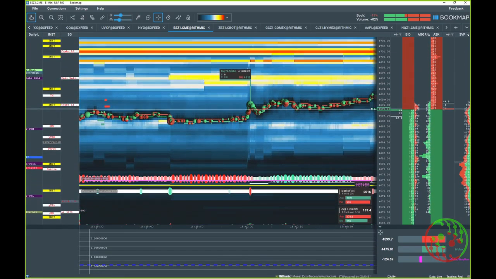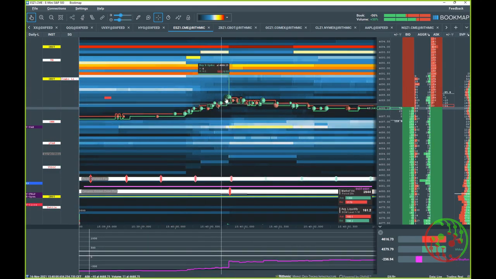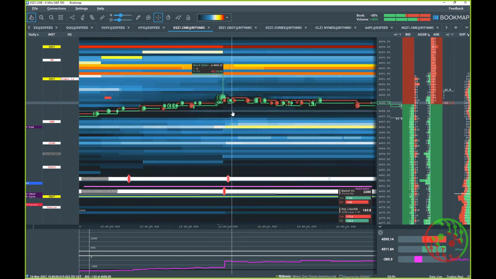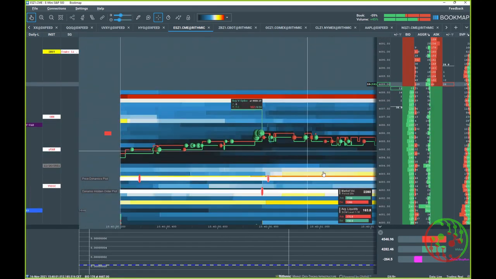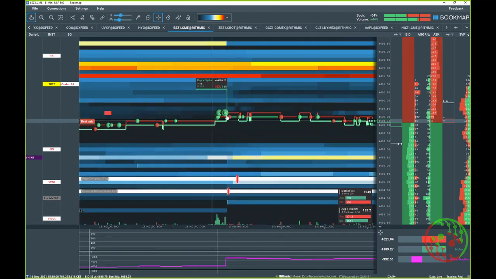We talked on Monday about the auction, and look here, this is the accumulation of volume at 89.50. You see these green bullets here on the ask.